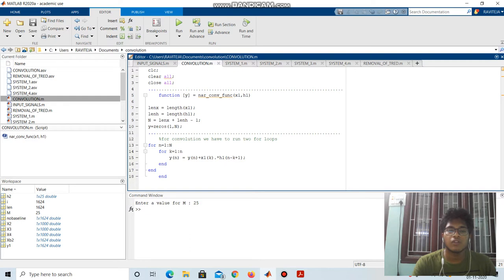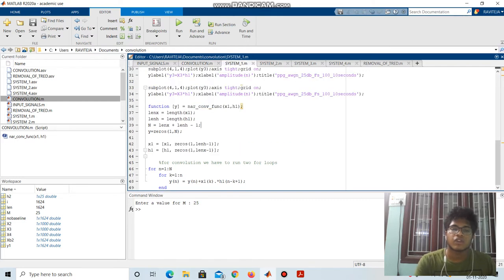After that, we have to zero pad the input signal and the impulse response so that the convolution operation becomes valid. After that, we run two for loops where y of n increases its value at each value of n.